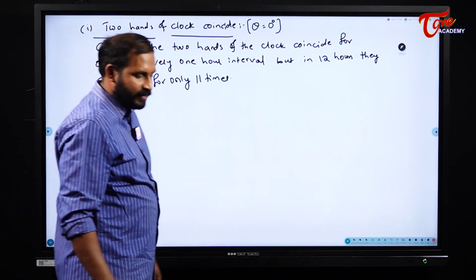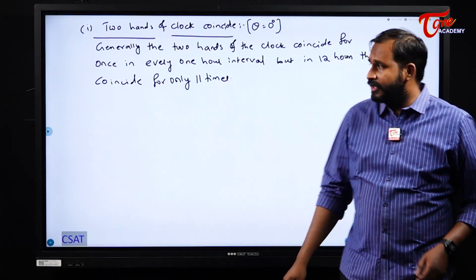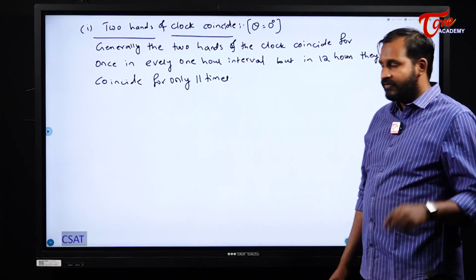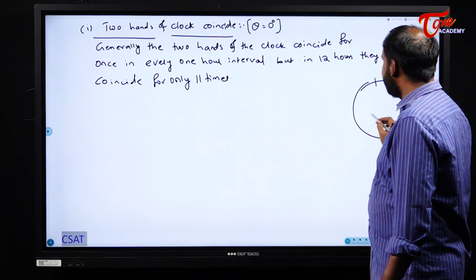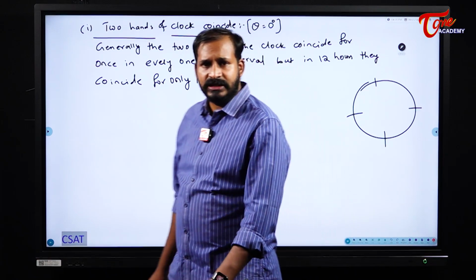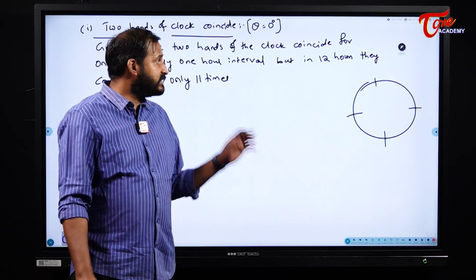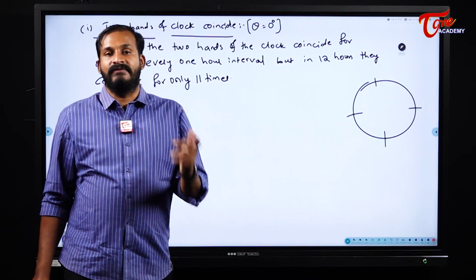See, generally the coinciding of hands occurs once in every 1 hour. So that means in 12 hours they should coincide for 12 times. But in this case they are coinciding only for 11 times.